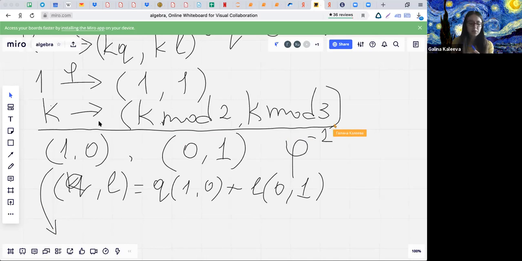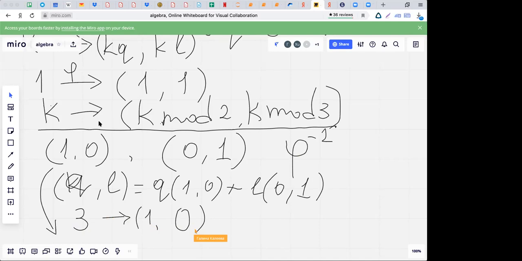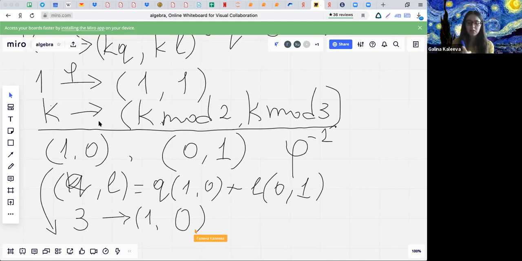For example, this is 3, because 3 goes to 3 modulo 2, which is 1, and 3 modulo 3, which is 0. Do you agree? Okay. And what about (0, 1)?